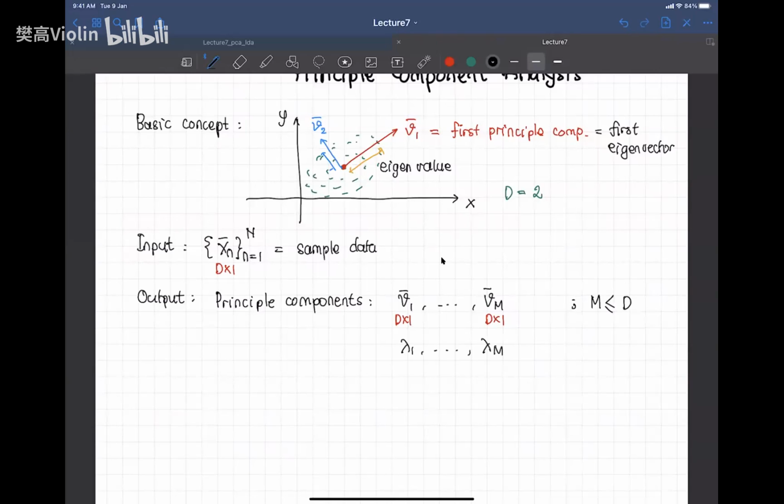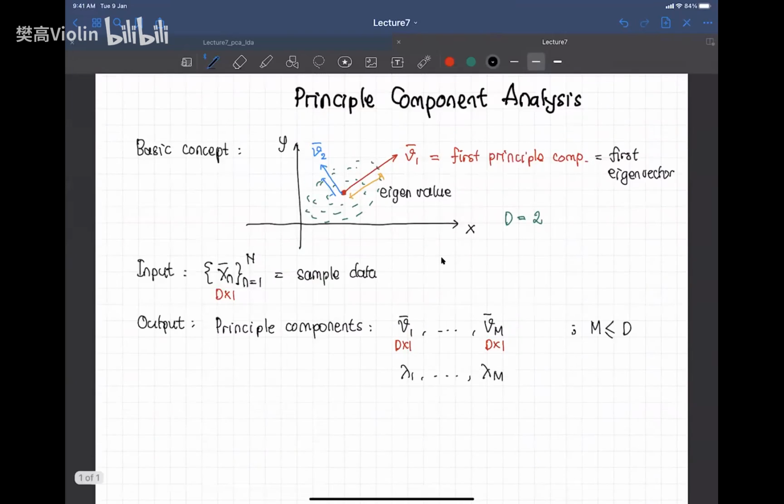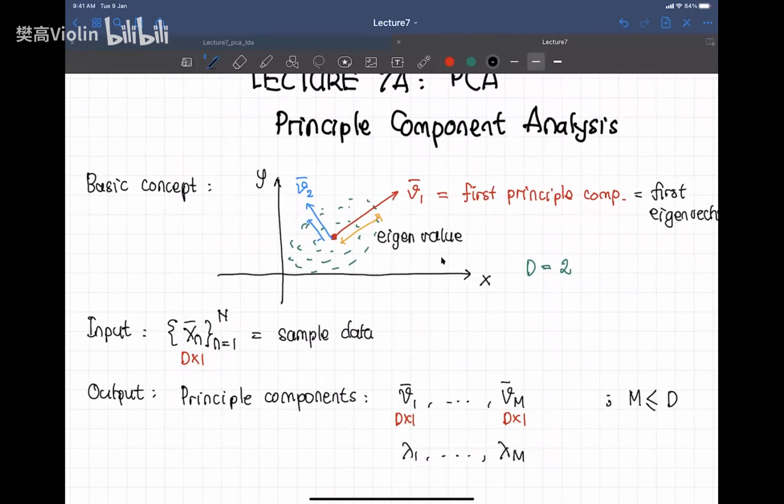There is a question here from Nitin. Nitin asks, can m be greater than t? Well, the answer is no. M is always less than or equal to d. So for example, in our case here, d and m are the same.